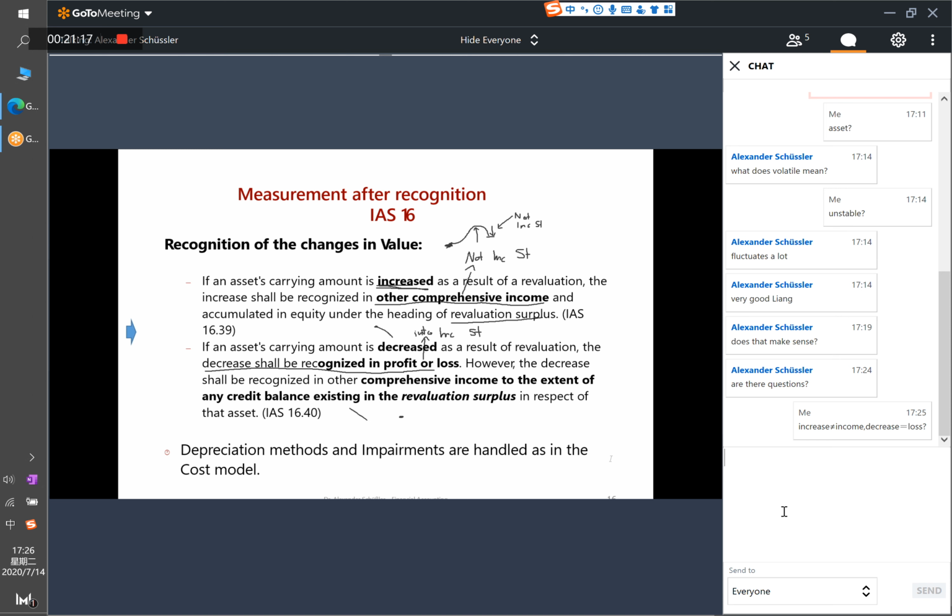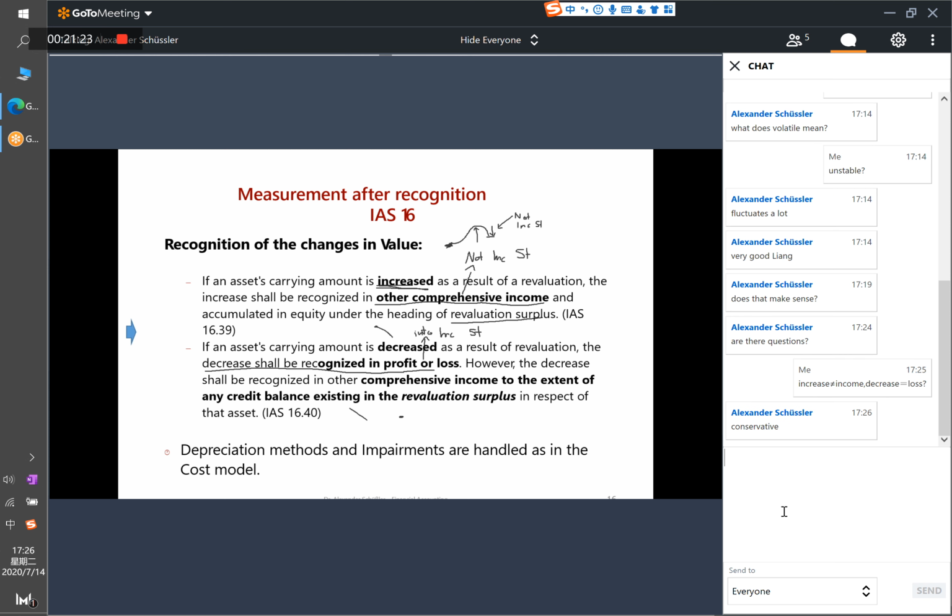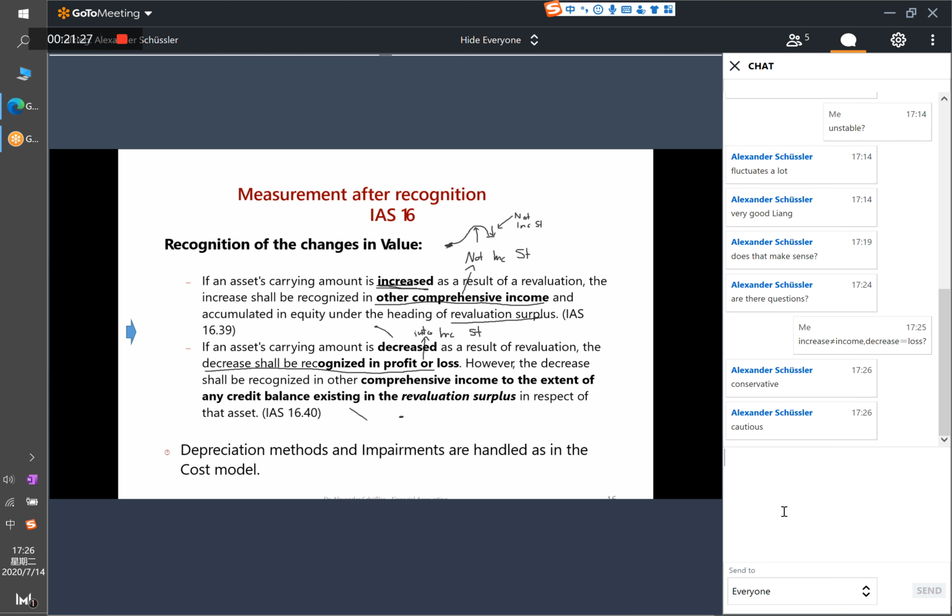Yeah, you should be conservative, because you should be cautious. And that's why only losses decrease your net income, but increases do not increase your net income.